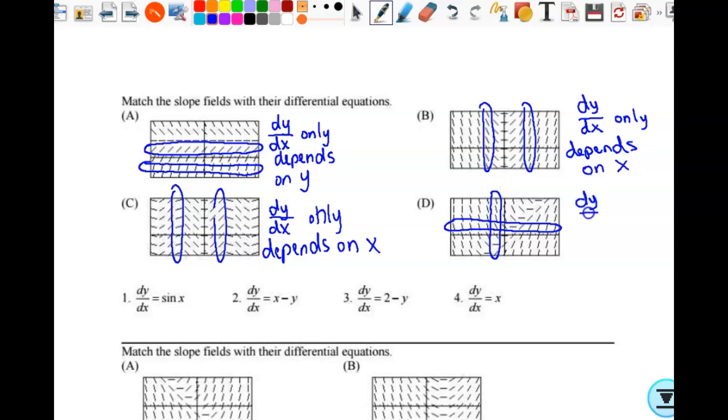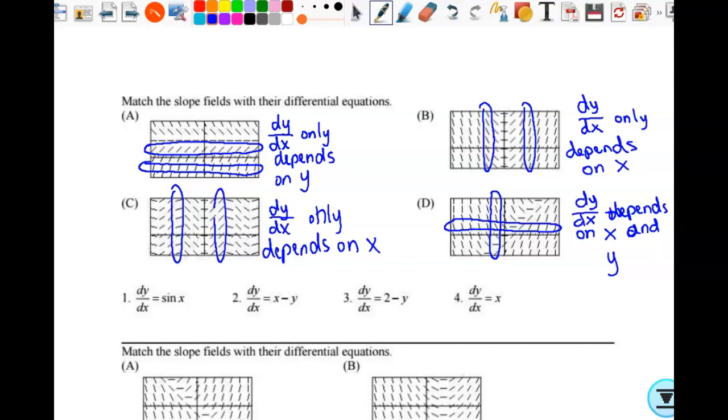So that tells me that we're going to end up with a differential equation where dy/dx depends on both x and y. So we would have a differential equation in terms of both x and y. All right, so let's see if that helps us match up.